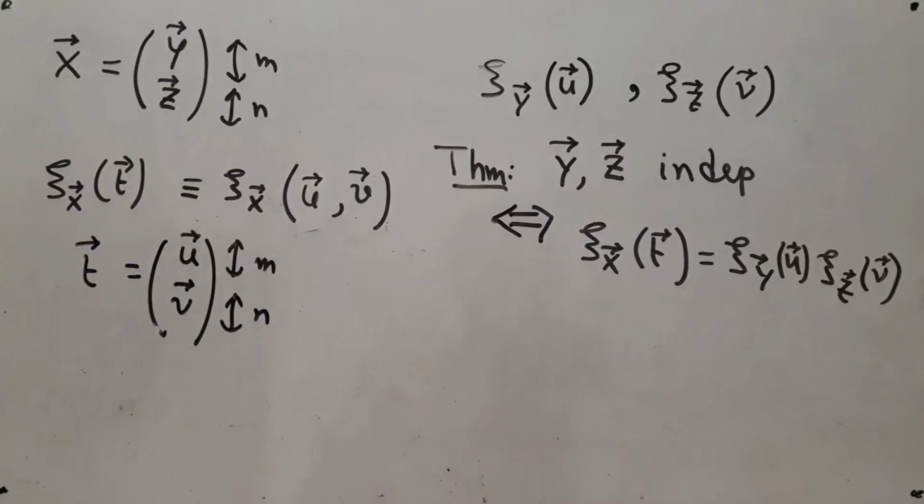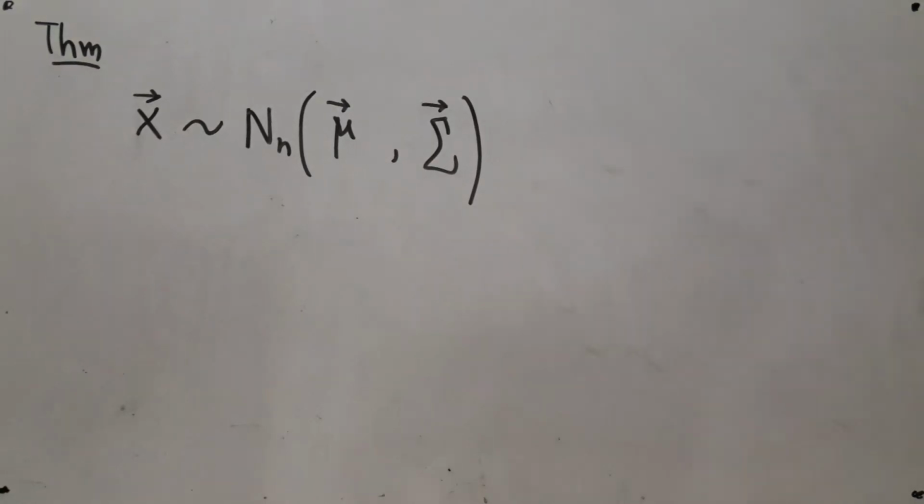Now let us apply it to our multivariate normal distribution. In the theorem that we are going to discuss, we again start with some random vector x having a multivariate normal distribution. Now we are going to partition x into two parts, x1 and x2.